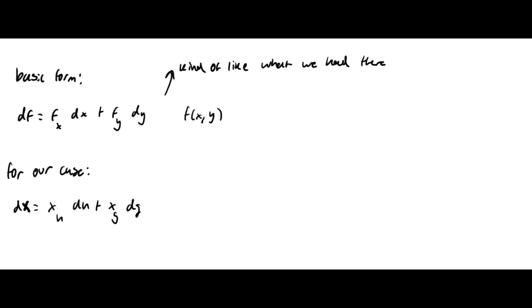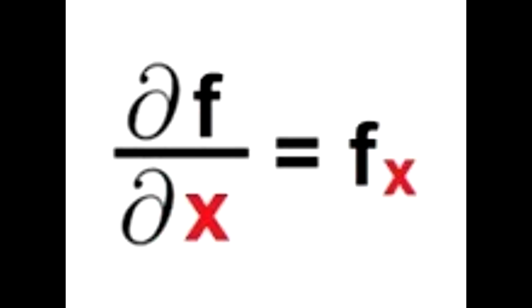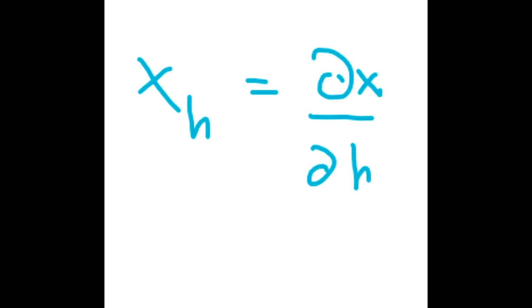Similarly, we have in this case dx equals partial x over partial h dh plus partial x over partial g dg. We're just taking the total differential of the function x of h, g. Just to point out, if you are not familiar with this notation, f sub x means the partial derivative of f with respect to x, and x sub h similarly means the partial derivative of the function x with respect to h.